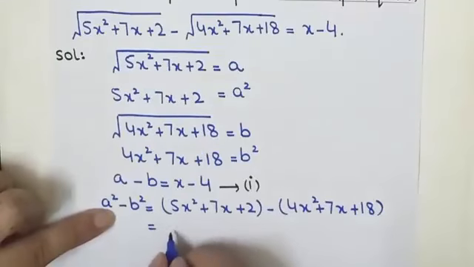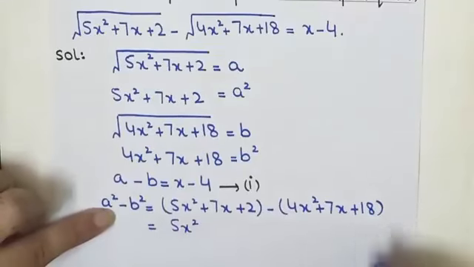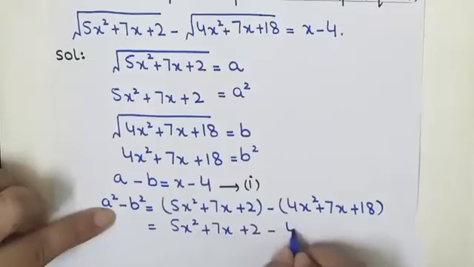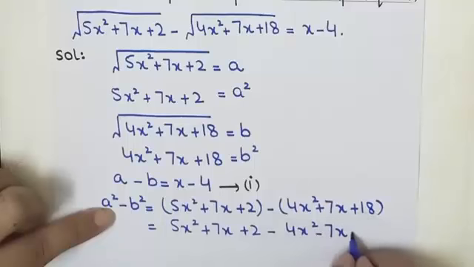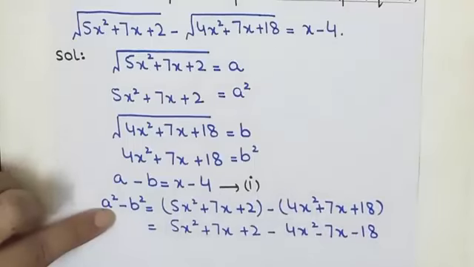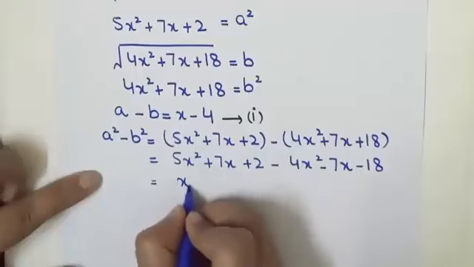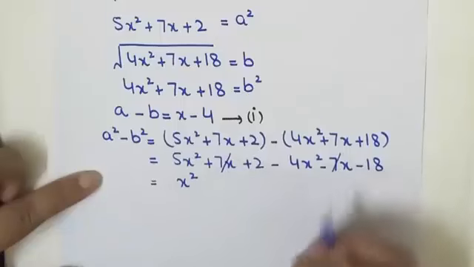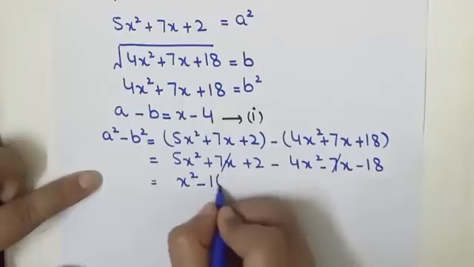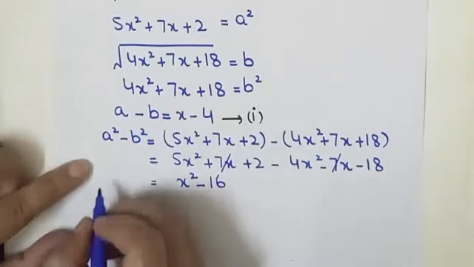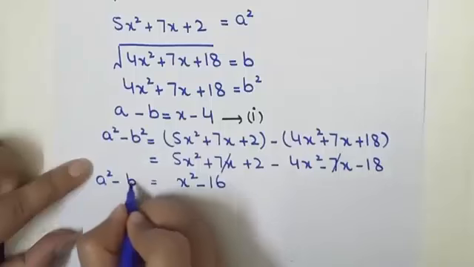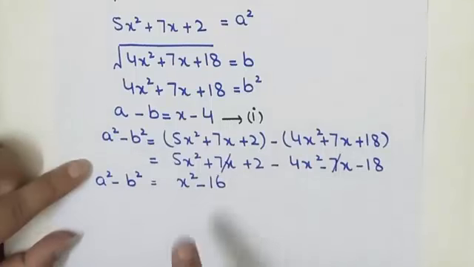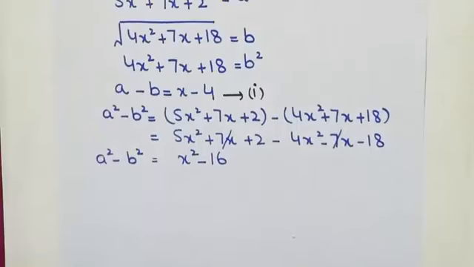Now we have to subtract them. First we open the brackets: minus plus is minus, minus plus is again minus. So 5 minus 4 is 1, x square; 7x minus 7x means 0; 2 minus 18 means minus 16. So a square minus b square is equal to x square minus 16.